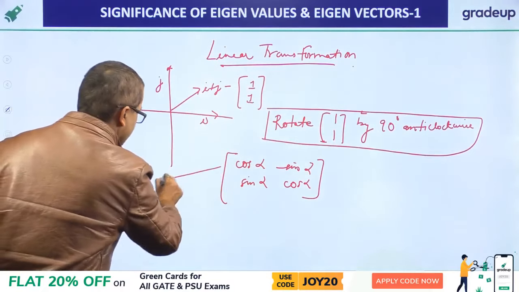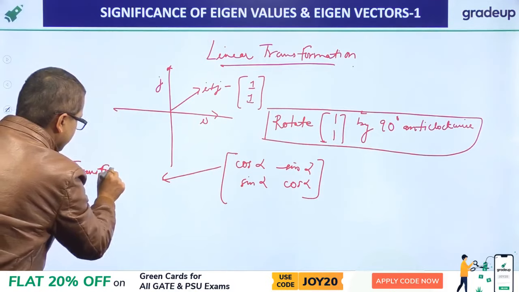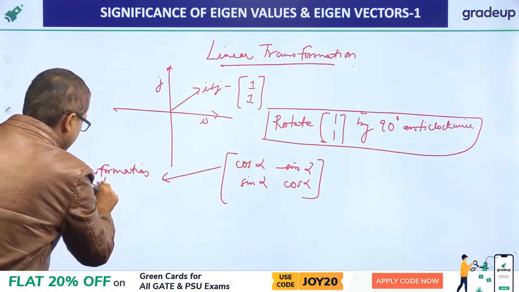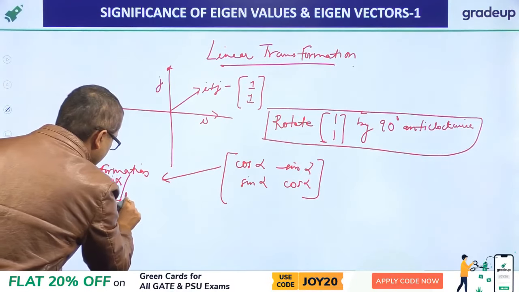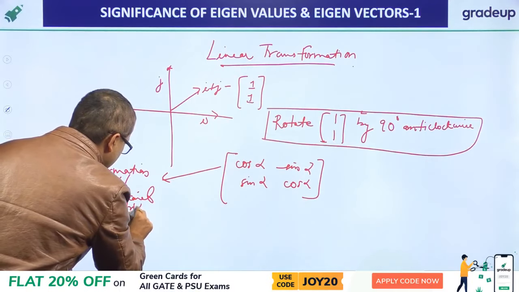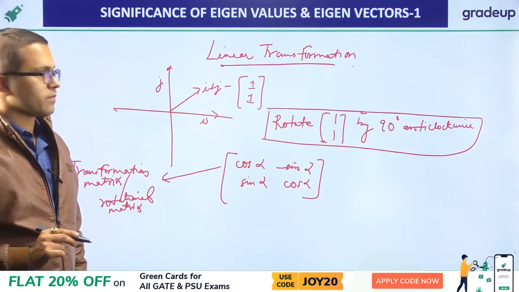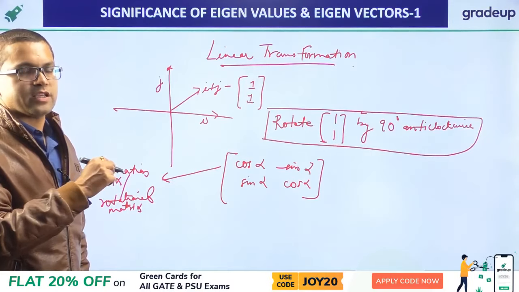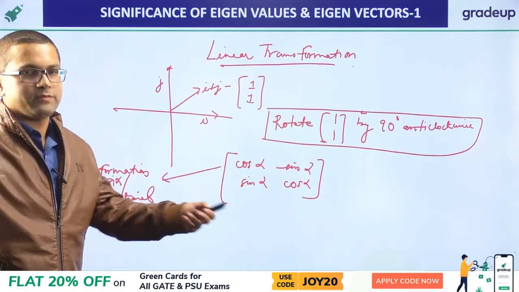This is actually the transformation matrix or rotational matrix. And here transformation is same as rotation. We will visualize it.